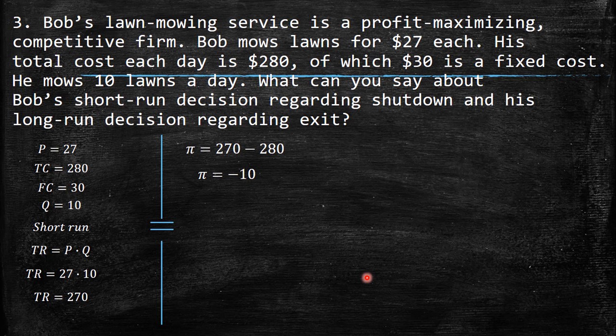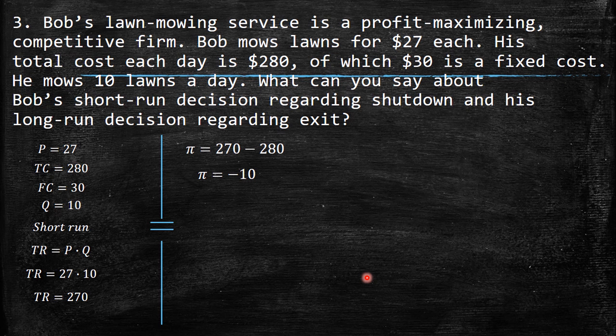Why is it not a smart decision in the short run? It's not smart because if you don't mow anything, you still need to pay the fixed cost. It means you still need to pay $30.